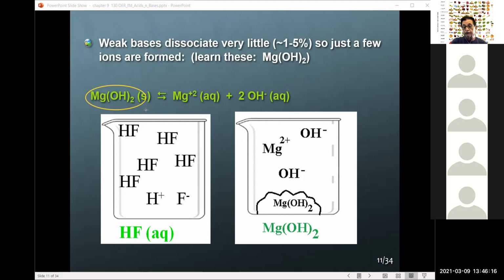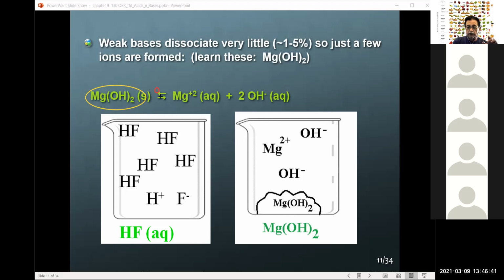Magnesium hydroxide is milk of magnesia. If you ever pour some milk of magnesia into a glass and let it sit there, it'll separate, because the bulk of it is still intact. You have to shake it up to get it into an emulsion so you can ingest it. You do have some ions, but not very many.